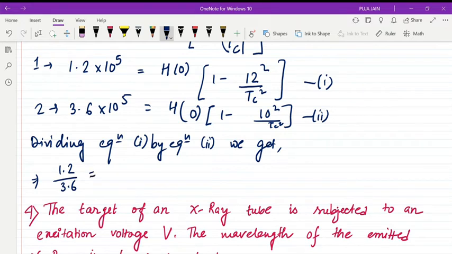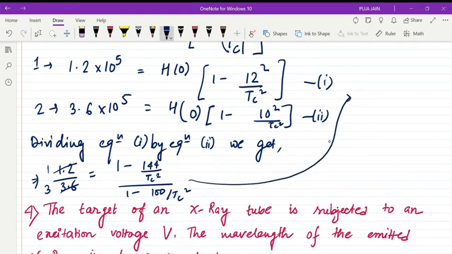The critical field at 0 Kelvin will be cancelled. So we will get here 1 minus 144 by Tc square, divided by 1 minus 100 by Tc square. So here we will get 1 by 3. So we will get 1 by 3 equals Tc square minus 144 by Tc square minus 100.